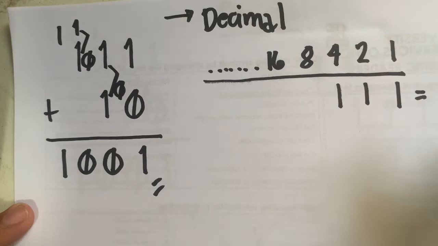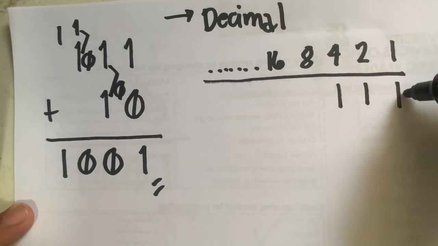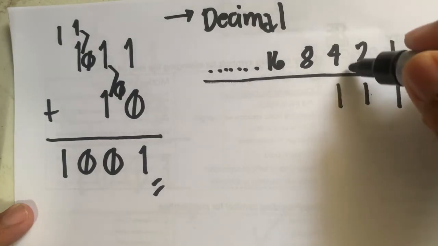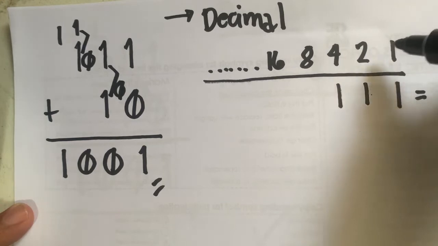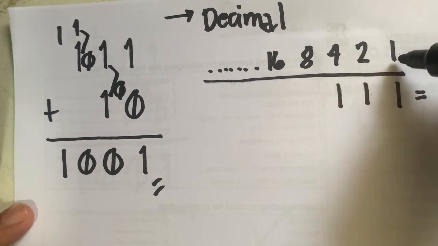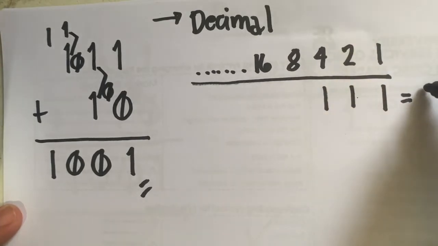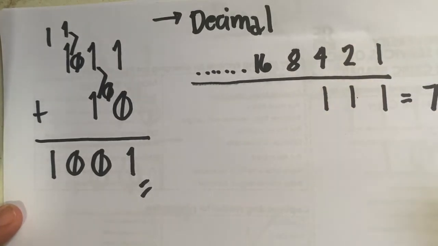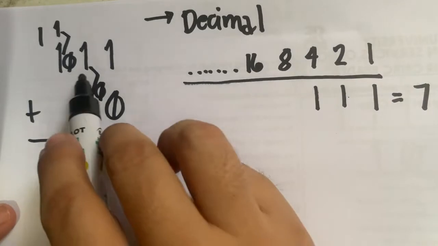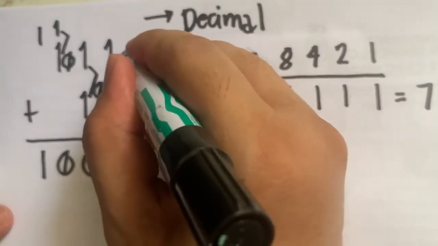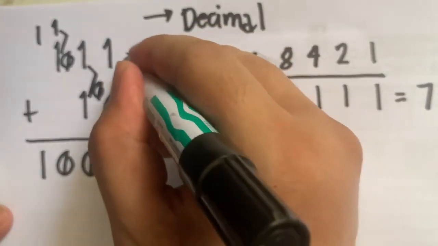So say for example, 1 is opposite 1, 2 is opposite 1, 4 is opposite 1. So we need to add 4 plus 2 plus 1. So 1 plus 2 plus 4, that is 7. So in other words, 111 in decimal is 7.